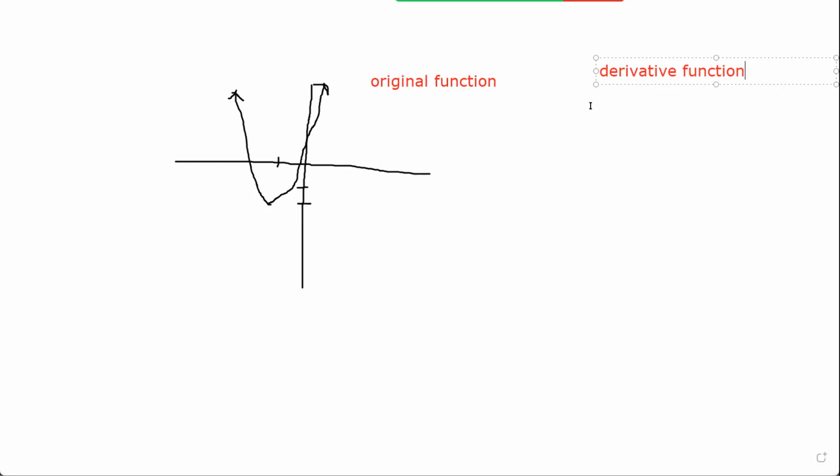But the derivative function is made from, get this, the slopes of the tangent lines at every point of the original function.